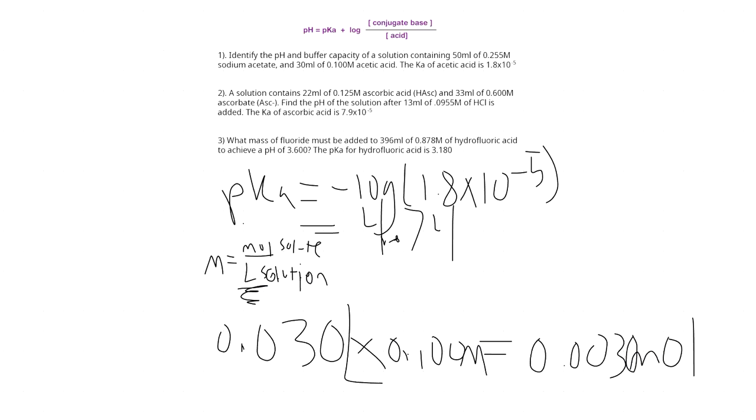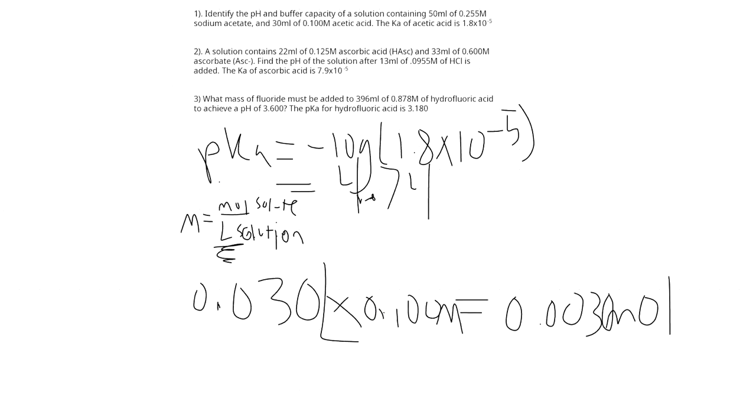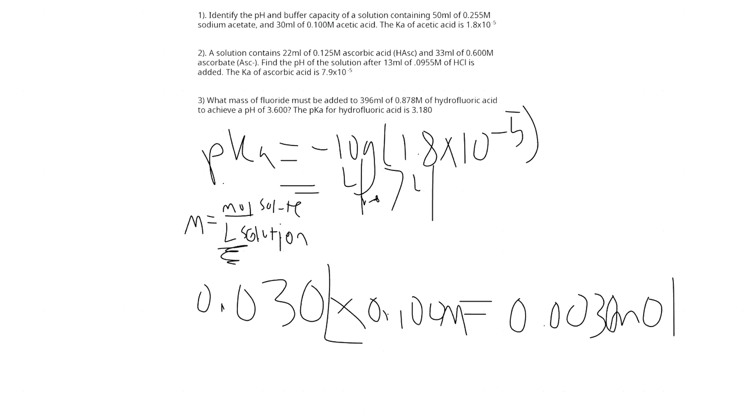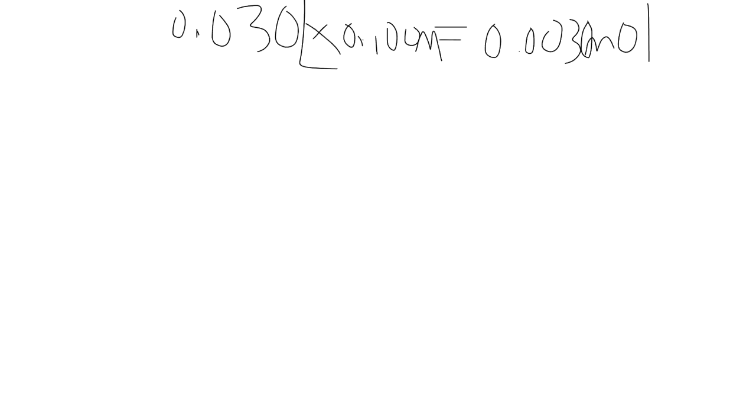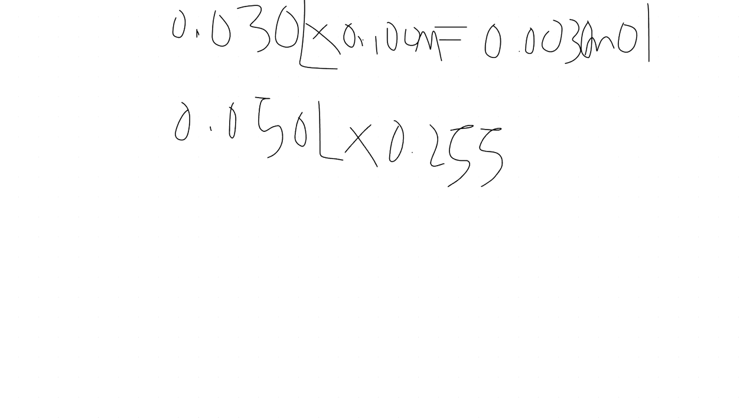And so now if we go down, now it's going to be 50 mL. So 50 mL, or that should be 0.050 liters times 0.255, and this one's for sodium acetate.